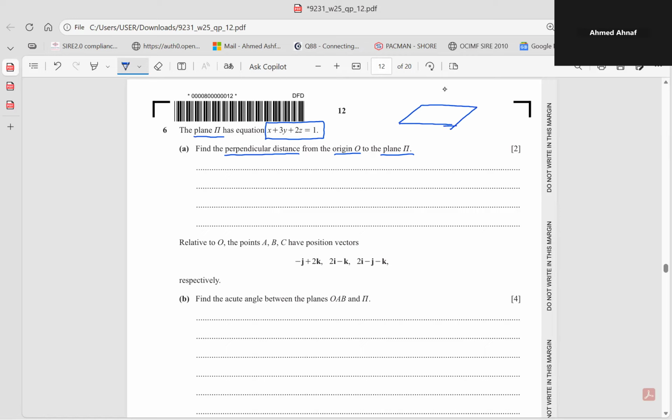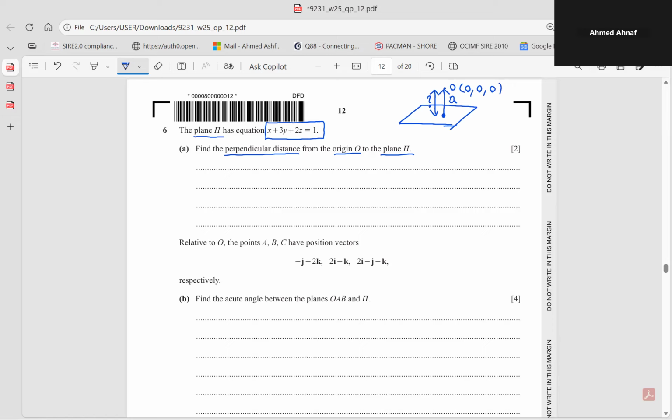So this is our plane, and this is the origin O, which is 0, 0, 0. And this is the normal to the plane. And then this is the foot of the perpendicular. So the perpendicular distance would be the length of this vector that's normal to the plane.